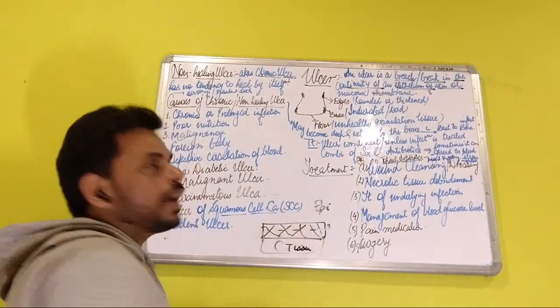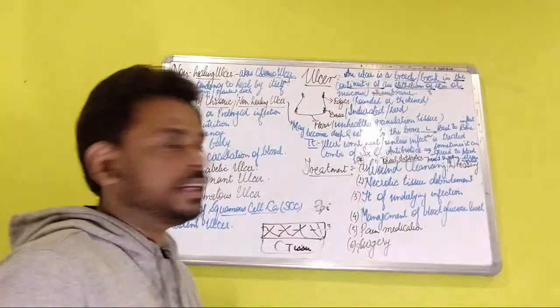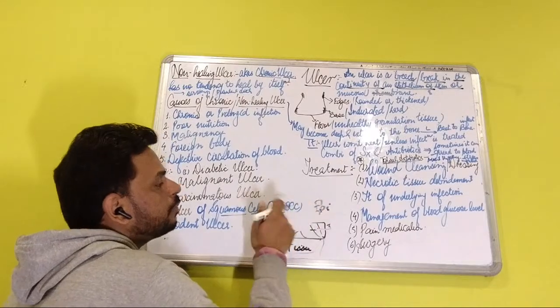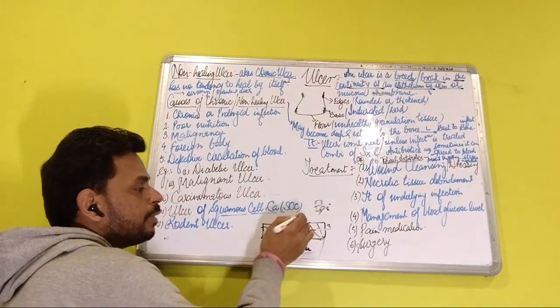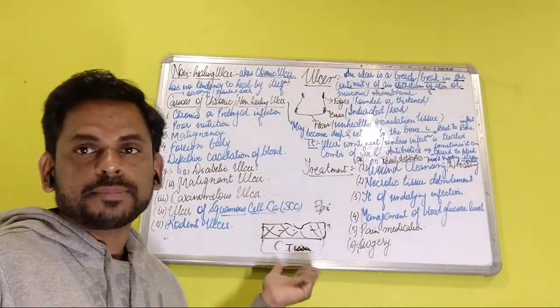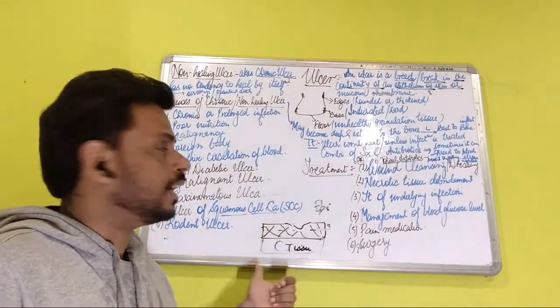So an ulcer is defined as a breach or a break in the epithelium. Whenever a break occurs in the epithelium, which can be of skin or of a mucous membrane, such a situation is called an ulcer.